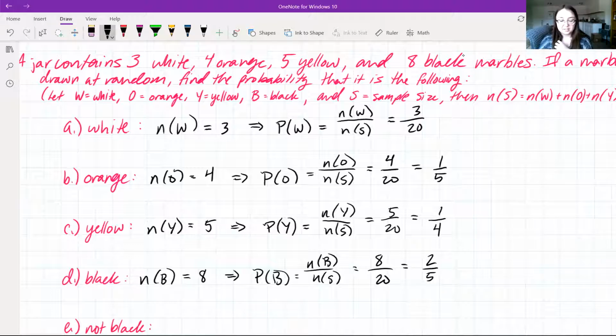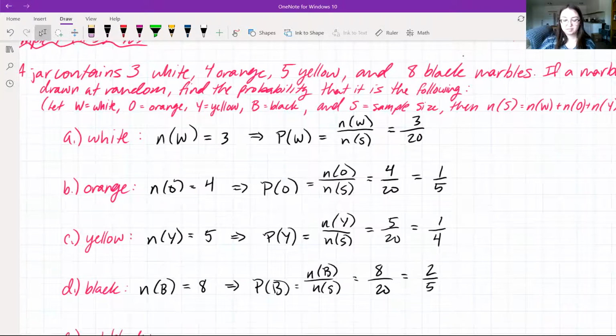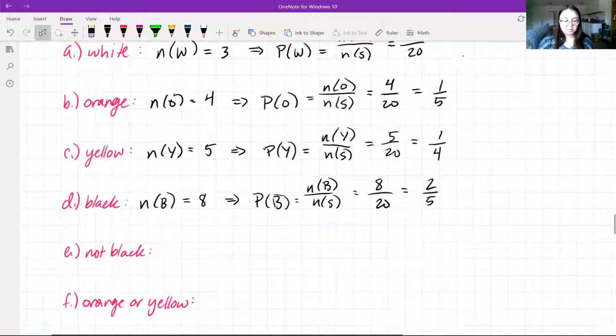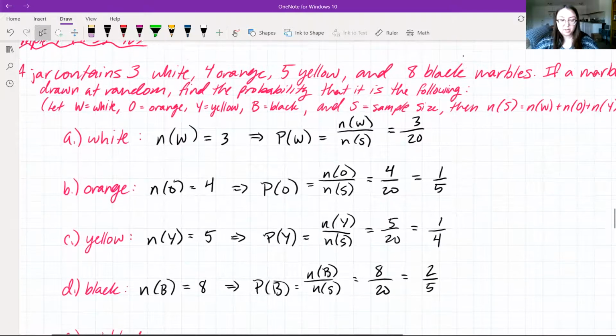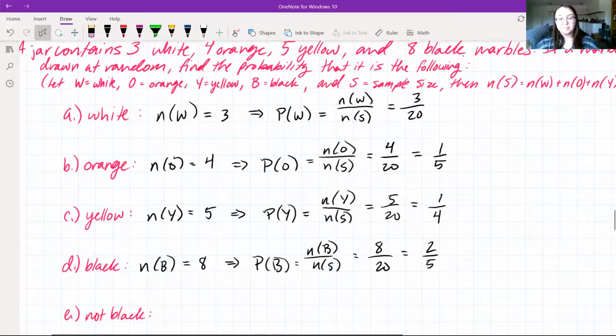All right, so now we have the probability of drawing singularly each marble. Now we have our other two, which are kind of combinations. So for part E here, we have not black. So we are trying to find the probability of drawing any marble that's not black.